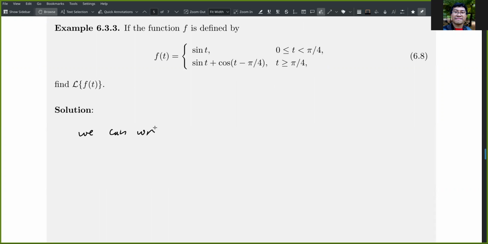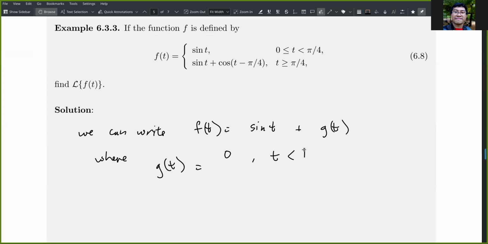We can write f(t) as sine t, it always has sine t, plus g(t), where g(t) is 0, so there's no g(t) here for t less than pi over 4, but it would be cosine of t minus pi over 4 for t greater than or equal to pi over 4.